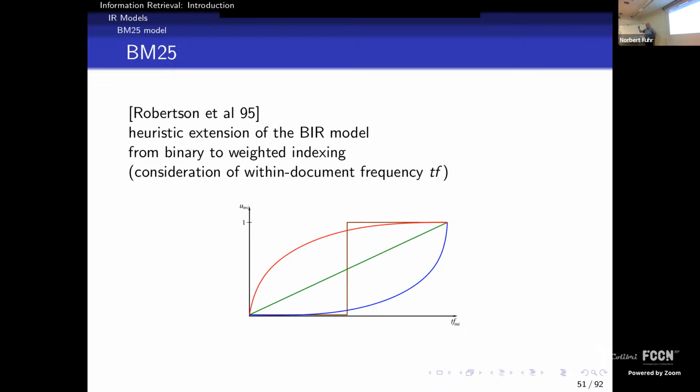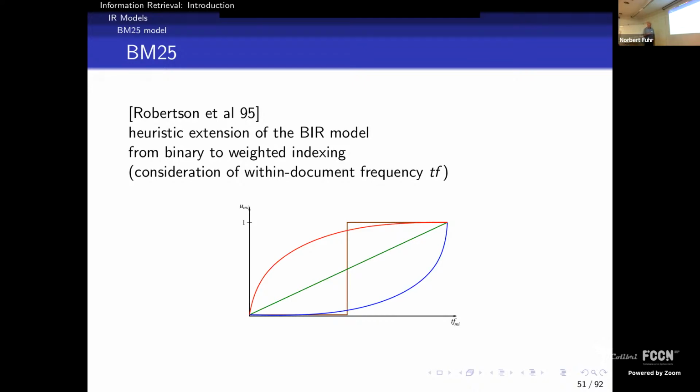So they certainly will repeat themselves. And Gianni Amati actually did a systematic study of these effects, and as a byproduct, a theoretic explanation and justification that BM25 is an approximation of a more theoretic model.